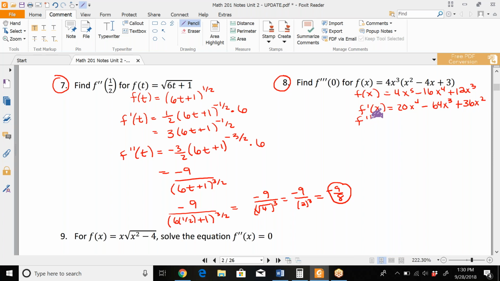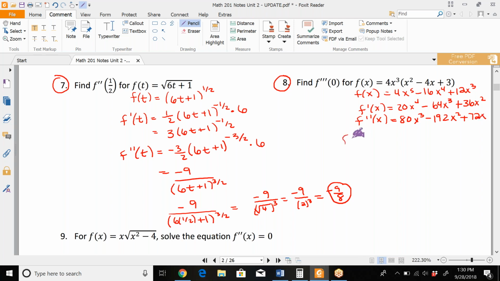The second derivative would be 80x to the 3rd minus 192x squared plus 72x.